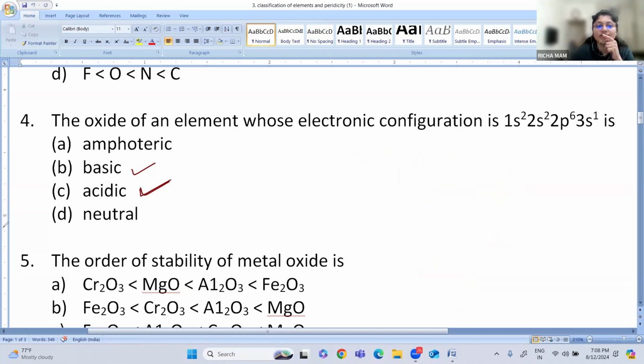Alkali metals are always basic in nature. The element is sodium, an alkali metal, so it is strongly basic. Option B is the answer. Let us go for the next one.